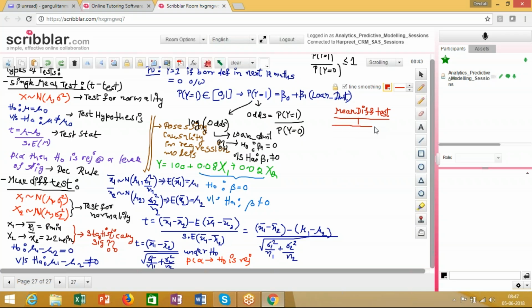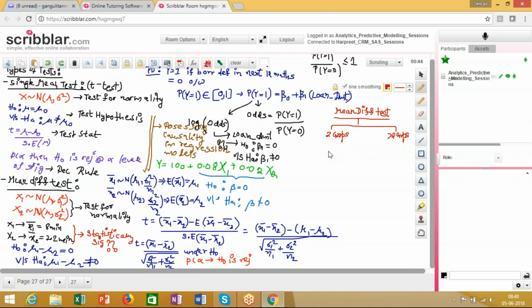First is the mean difference test between two groups, and the other is for more than two groups.